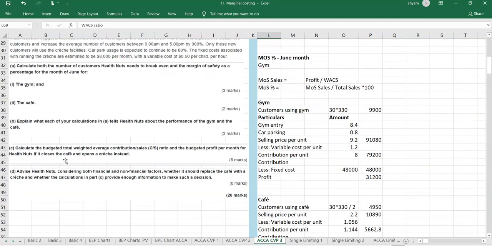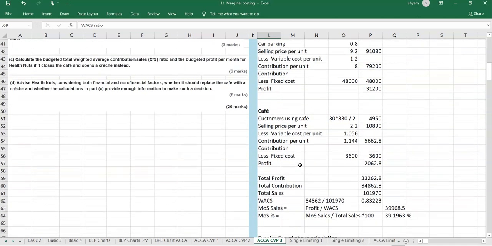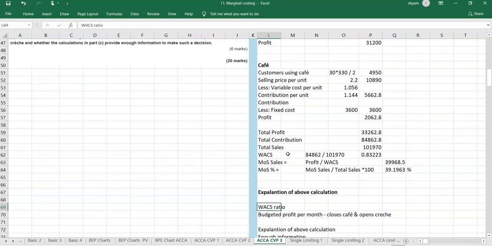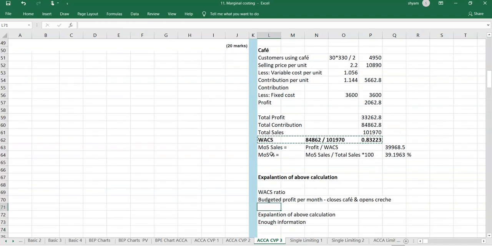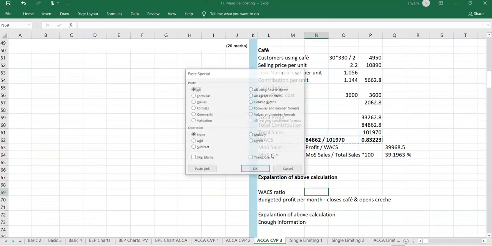So the next one is C. They're asking what is the budgeted total weighted average contribution sales ratio. I think that is what we found out. We have already found that.